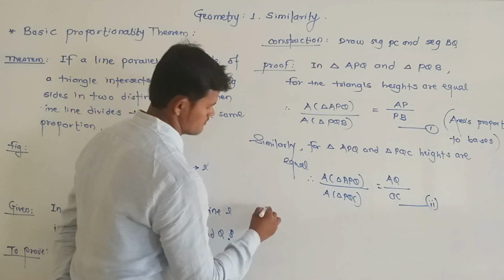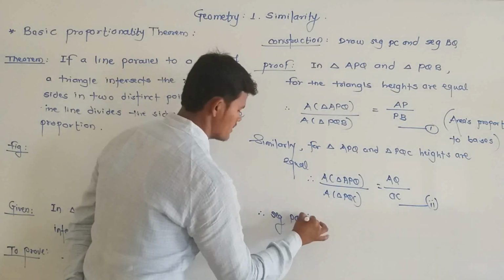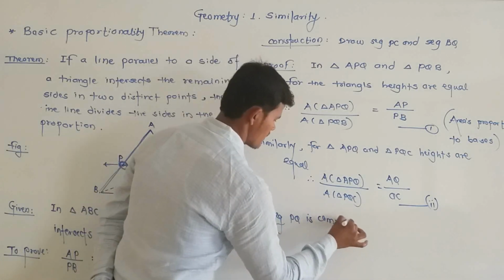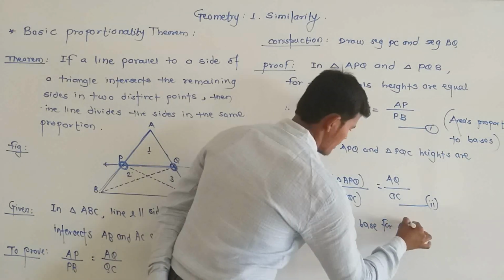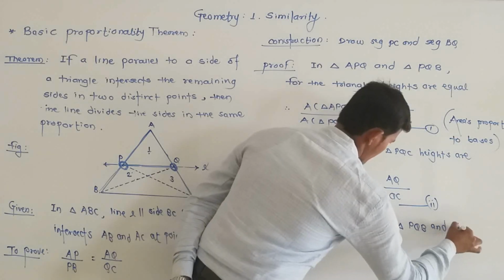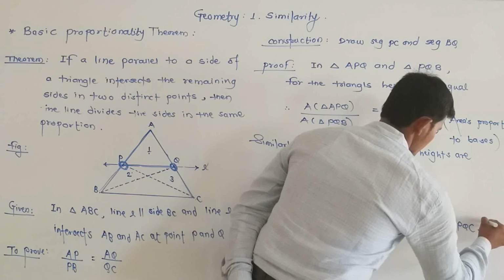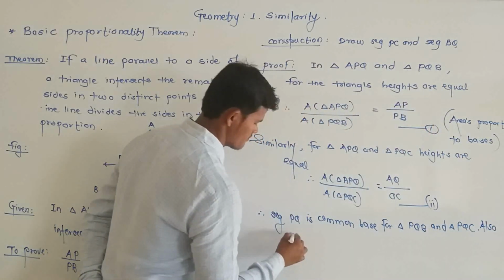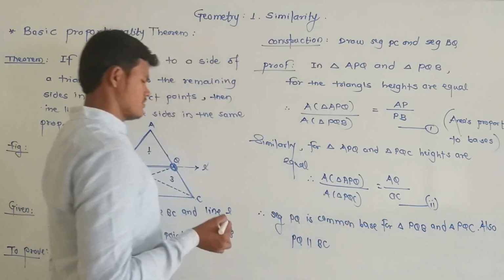So segment PQ is common base for triangle PQB and triangle PQC. Also, PQ is parallel to the BC.